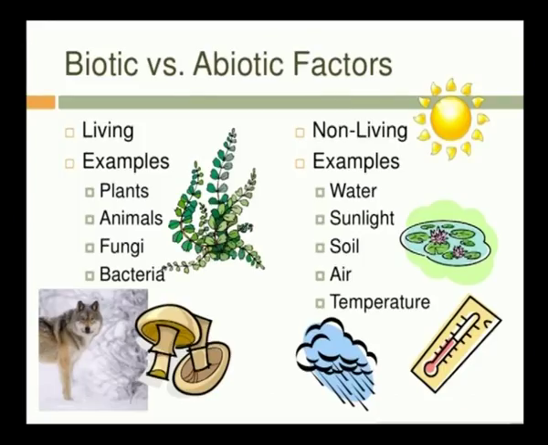So, looking further into biotic and abiotic factors. As we told before, biotic factors are living examples such as plants, animals, fungi and bacteria. These are the ones which create their own food with the use of abiotic factors, which are non-living examples such as water, sunlight, soil, air and temperature.